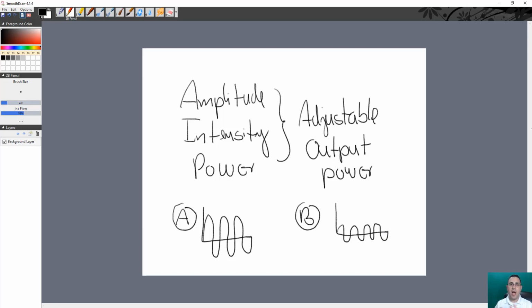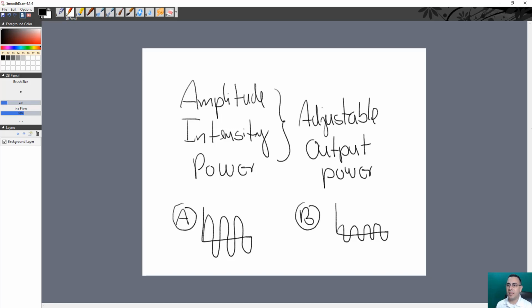It doesn't matter how many cycles in 1 second it has; the frequency and the amplitude don't have any type of relationship. You may have a waveform that has a high frequency with low amplitude, or a low frequency wave that has high or low amplitude. Doesn't matter, so they're not related. So that's what we call the amplitude, how strong your wave is.